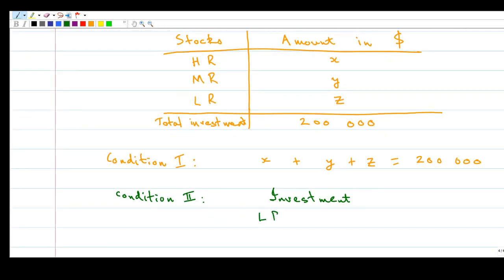So in terms of the unknowns, it's going to be Z is equal to X plus Y.